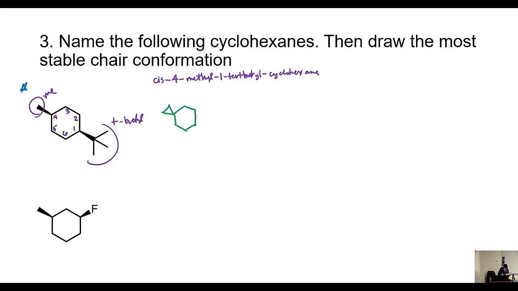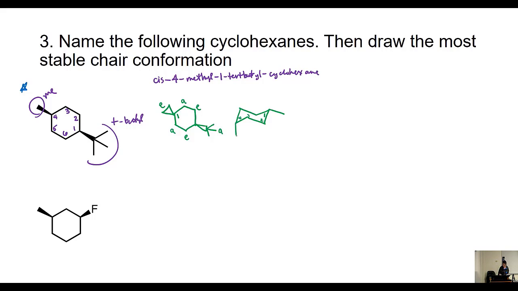E, A, E, A, E, A. They face the same direction, so I don't need to do any switching. Now I'm going to draw my chair. I'm going to call this carbon 1. I have equatorial position, 2, 3, 4, tert-butyl and axial position.